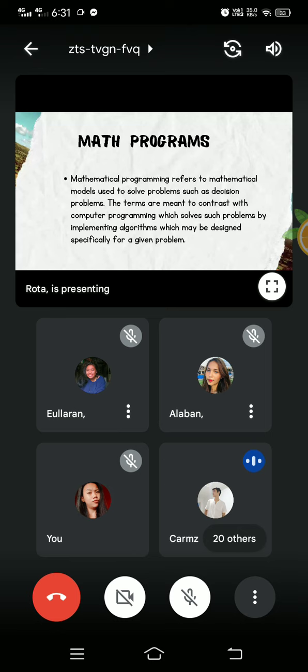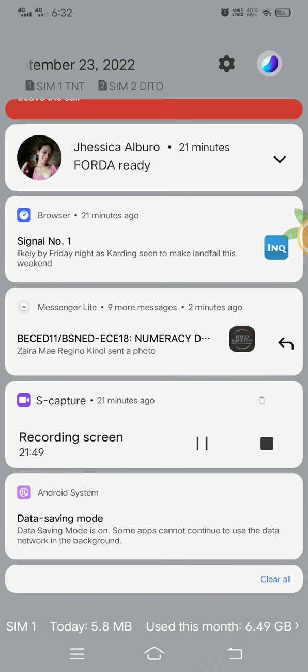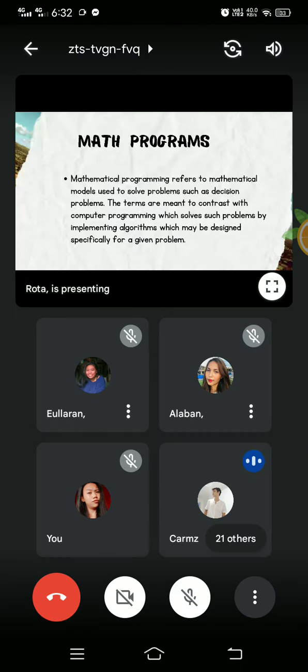Okay, that one. I think that's not really what is expected to be presented in this part. You're mentioning mathematical programming. It's a different thing from mathematics programs. I think this definition is focused on computer programming, which solves problems in mathematics like algorithms.